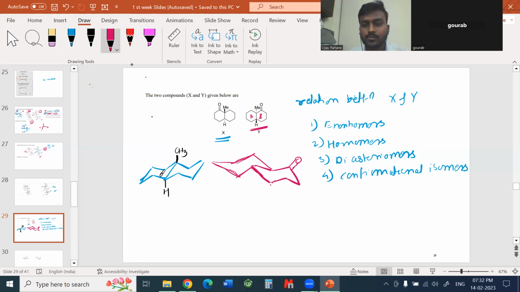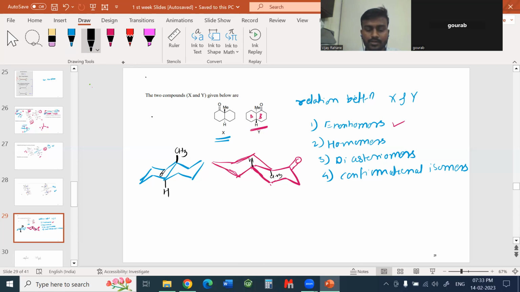See, for enantiomers, what is the condition? They should be mirror images of each other. The methyl group is on the lower side, and the methyl group should be lower, right, as they have given by the dotted arrow.